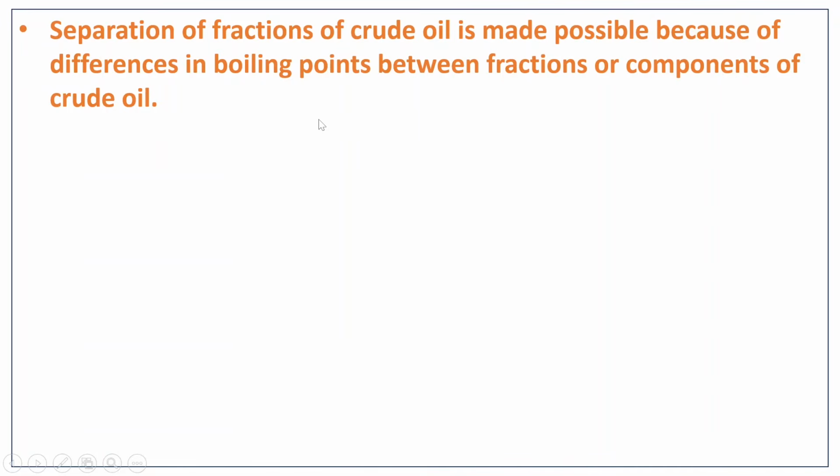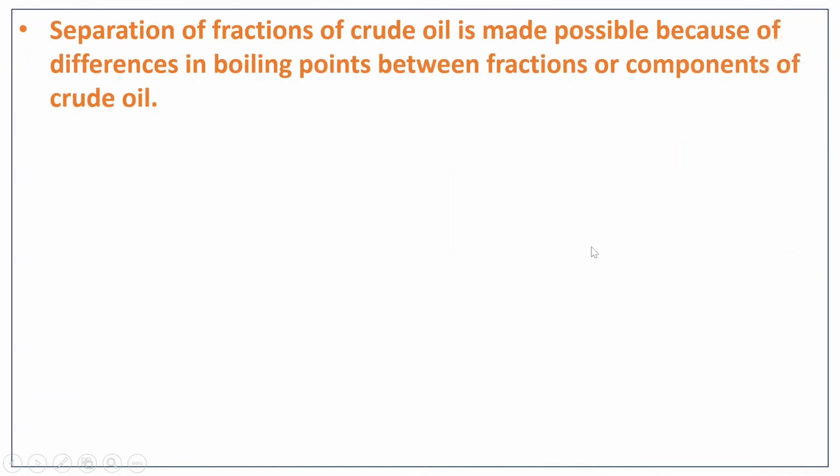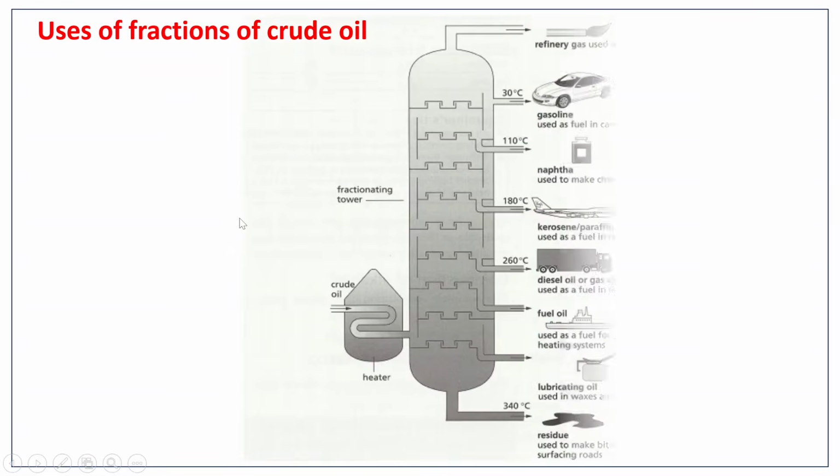What makes it easier for separation, just as we mentioned, is the fact that each of the fractions in crude oil has its own physical properties such as boiling and melting point. Okay, so let us look at uses of fractions of crude oil.